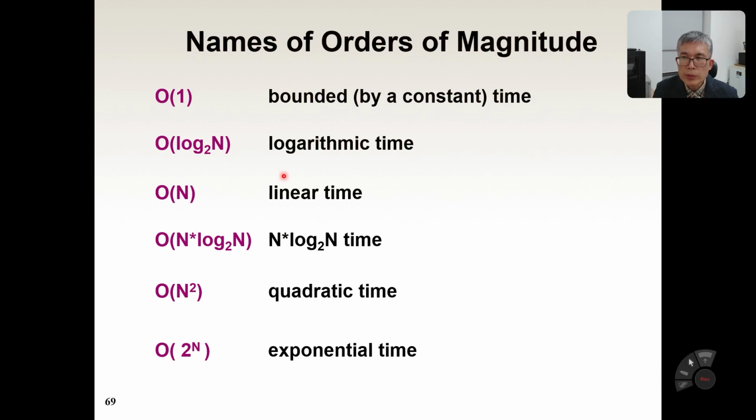According to input size we can get the actual running time of an algorithm. So for names of orders of magnitude, we are using big O notation.